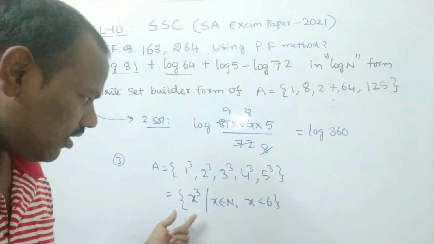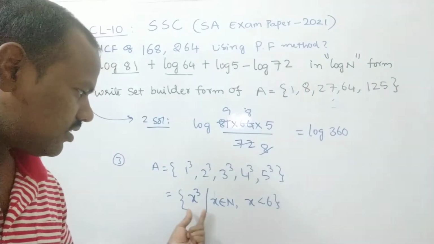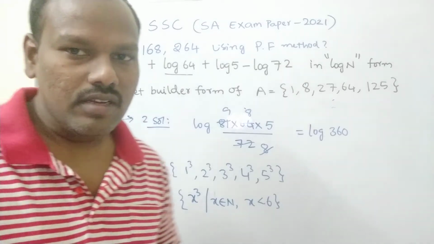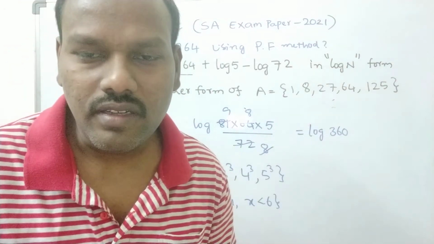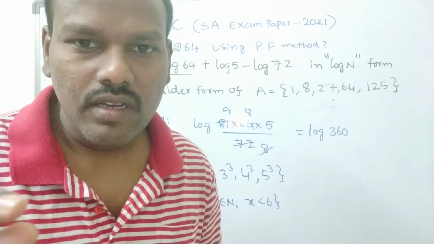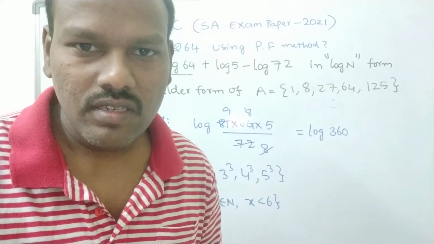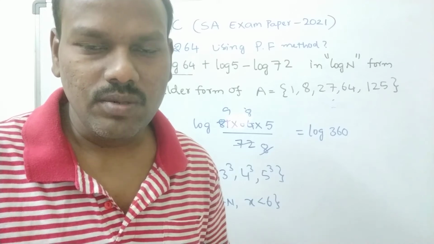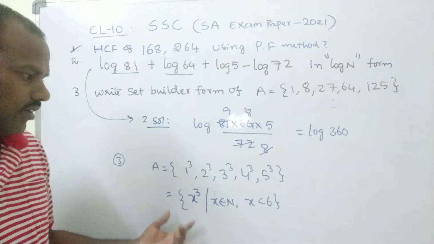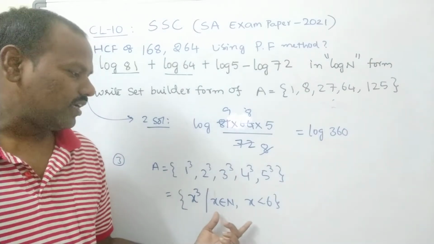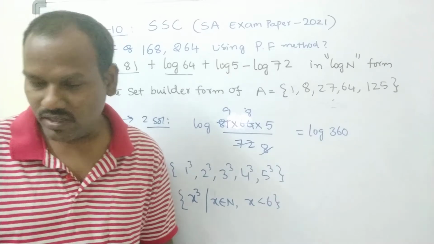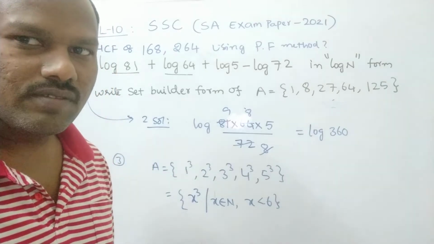I can't frame this kind of construction for them, so I have to write the set builder form as x such that x is an English vowel. Otherwise, x belongs to this is not possible. Anyway, since it is SSC, even if you write it as a sentence, they will give the marks. Now let us see the next question.